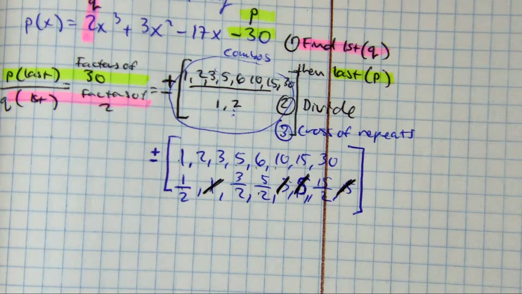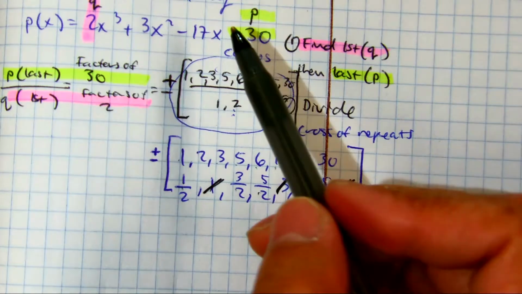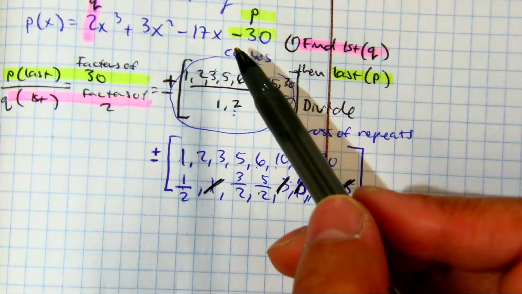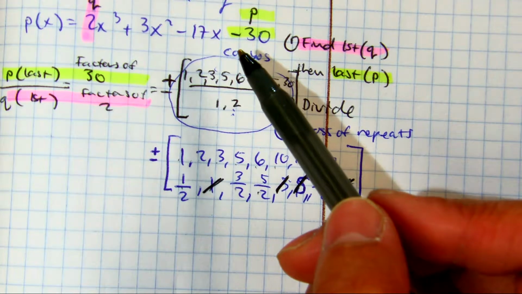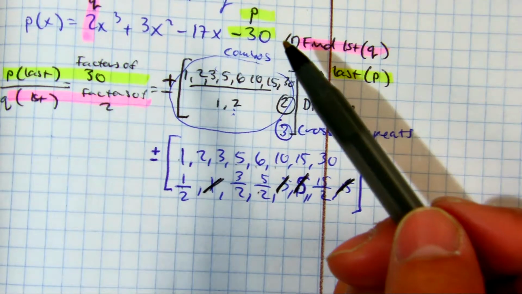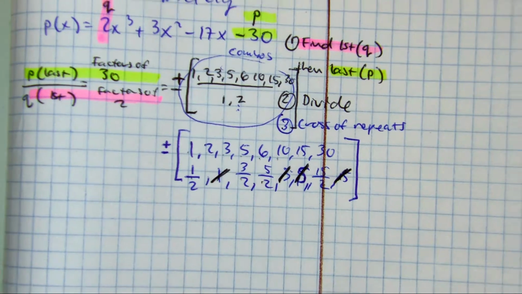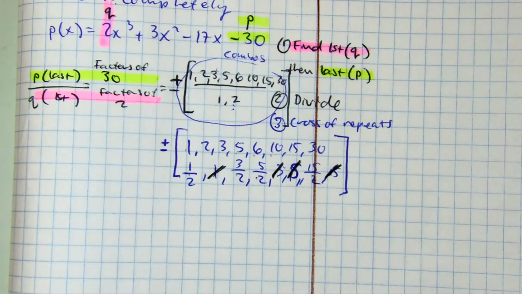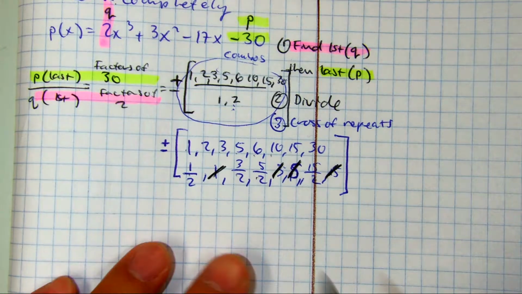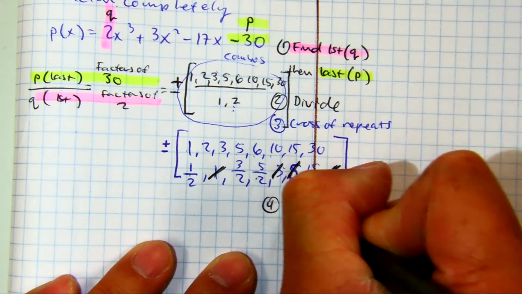How do we check if it's a factor? We do division. We have to do 24 mini synthetic division problems. Are your minds there yet? Okay, number 4. What does it tell us to do? Test.